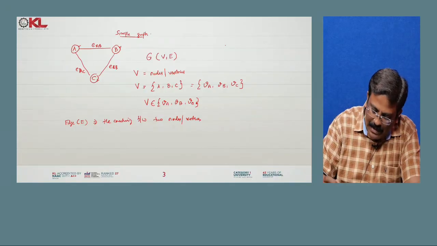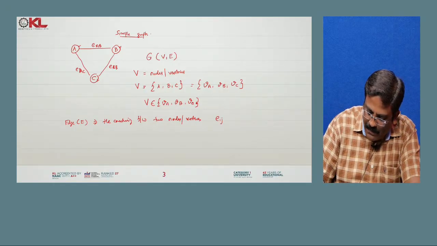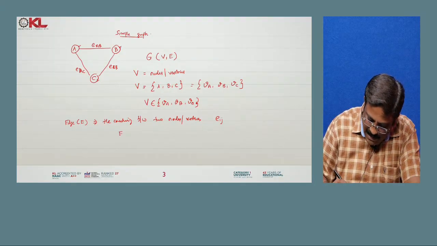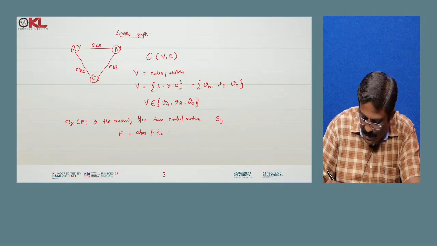Normally we represent edges in the Eij format, where capital E is equal to the edges of the graph.